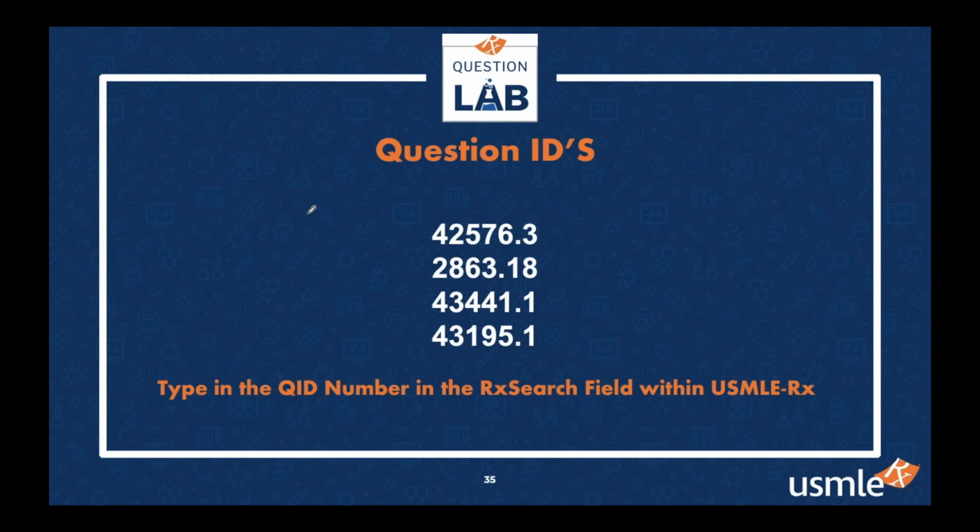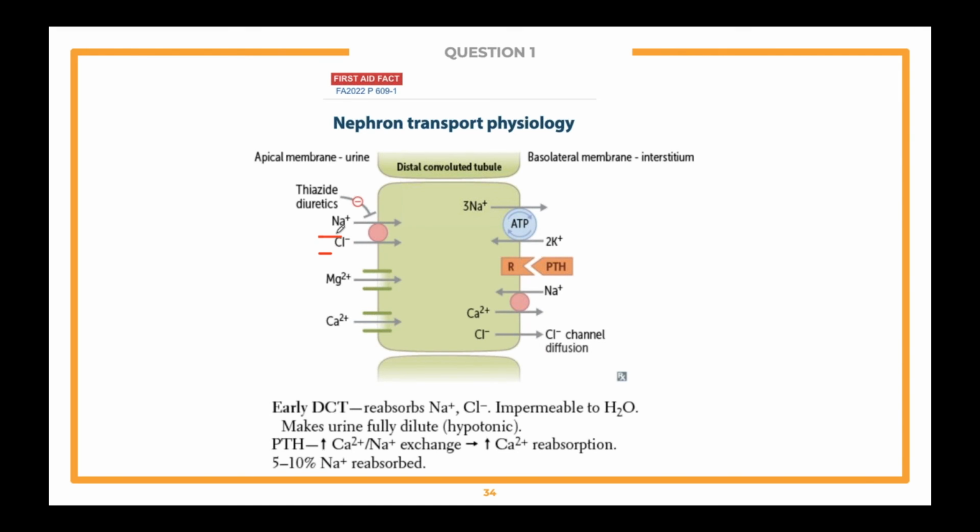But this is not primary active transport. That transporter in and of itself is not using ATP, so it is not primary active transport. But you can see it's using the effect of that sodium-potassium ATPase, which is primary active transport.